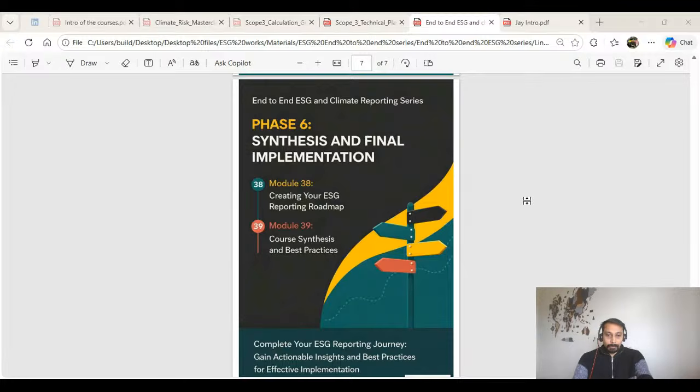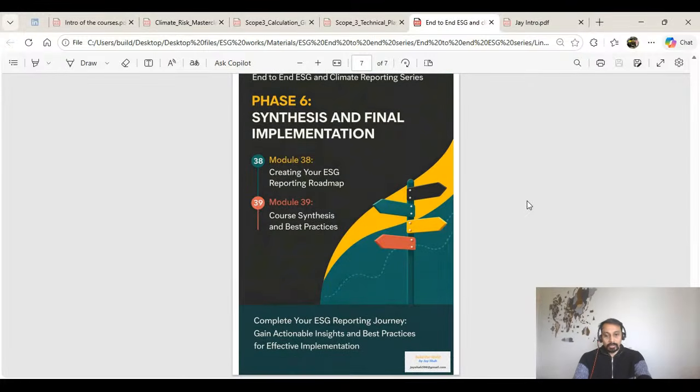The idea is very simple. We move from frameworks, calculations, and disclosures to sector use cases, their implementations, and the overall roadmap for ESG and climate reporting work. The whole series is designed to bridge the gap between the regulatory and theoretical and the practical implementation.